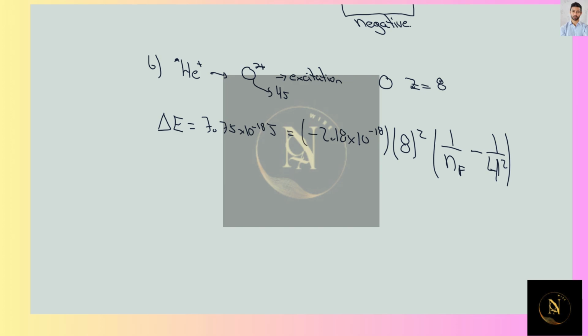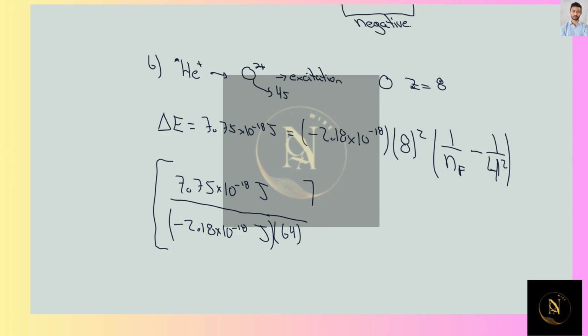I recommend you do it in 2 different steps just to avoid any mistakes. We're going to have 7.75 times 10 to the minus 18 joules over minus 2.18 times 10 to the minus 18 joules times 8 squared, that is 64. This is equal to 1 over n final squared minus 1 over 4 squared.